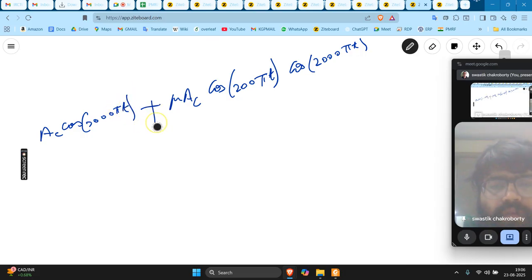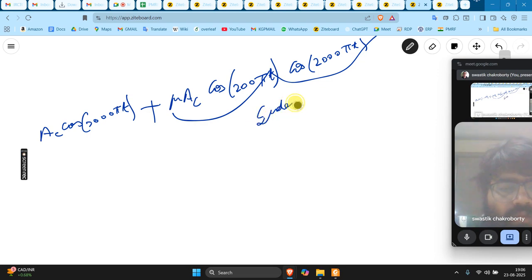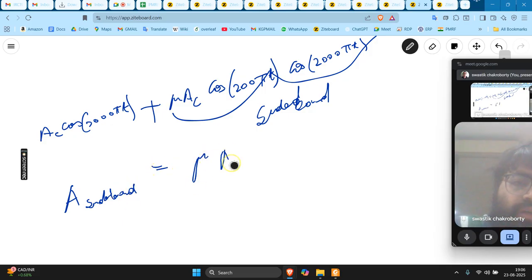Now this part is the sideband. And what is the sideband amplitude? The sideband amplitude, A sideband, is mu AC cos 200 pi t. So what is the sideband power?